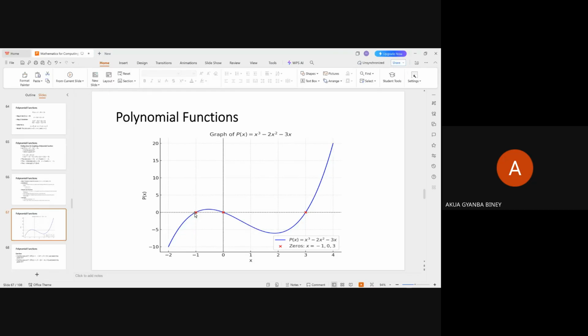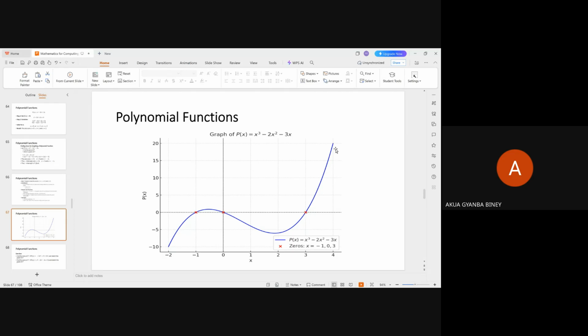So if you are first drawing, you can indicate your zeros, and the zeros are -1, 0, and 3. Since they all have odd multiplicity, there is definitely a cross, but maybe you don't know whether it is going up or down, so have it at the back of your mind that it will cross. Now, the end behavior: here it will fall, and on the positive side it will rise.